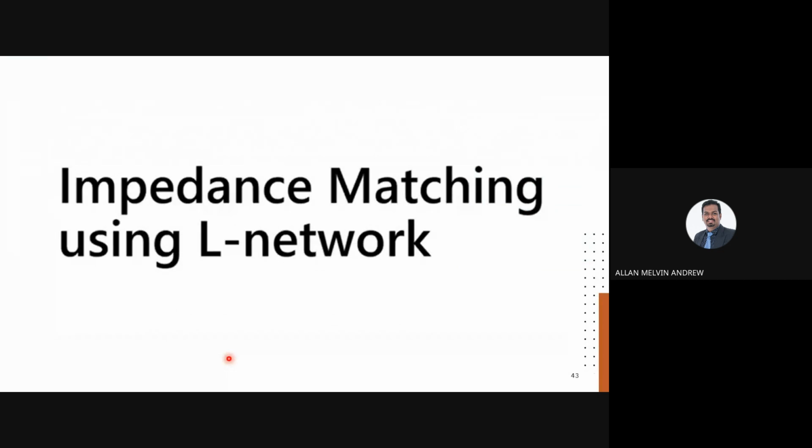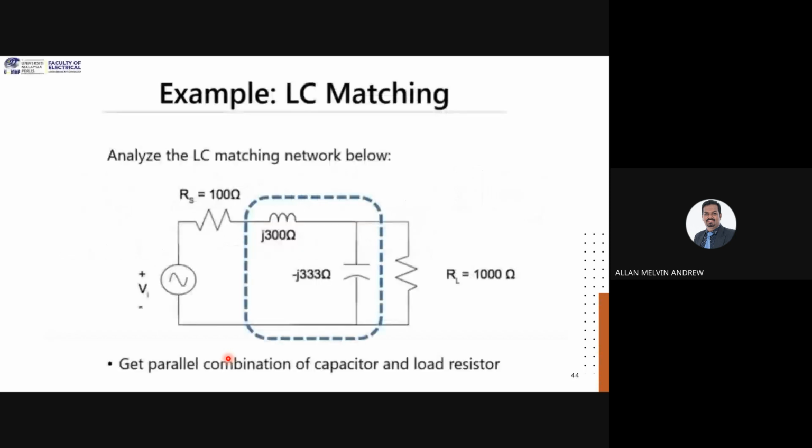Okay, impedance matching using the L network. We will see the networks related to this impedance matching. The first one is the L network, which we also call LC matching. L is inductance, usually represented with the symbol L, and C is the capacitance.